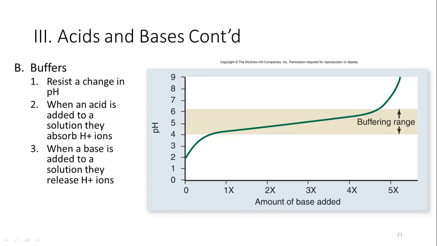And that's because of their ability to absorb hydrogen or hydroxide ions. This range then is their buffering range, in which they can resist that change in pH. But eventually, if you add enough acid or if you add enough base, it will increase in acidity or decrease in acidity.